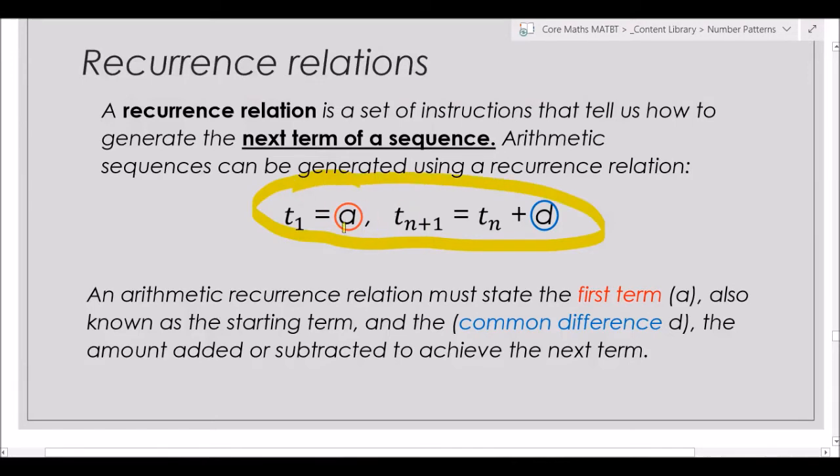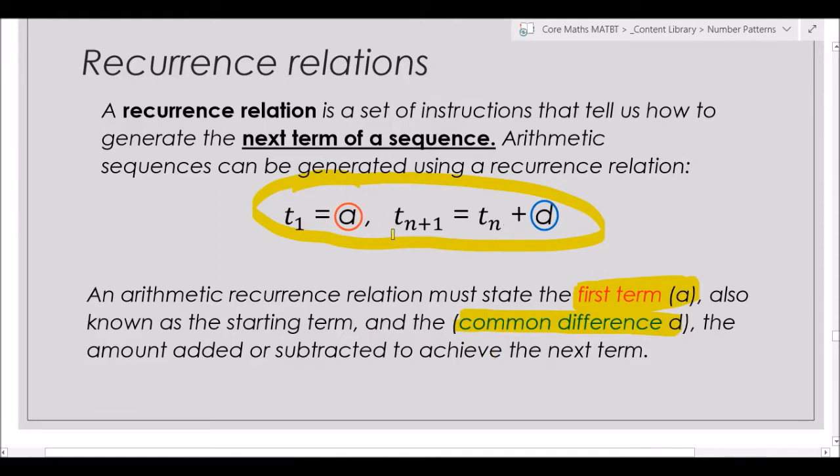It's a set of instructions that tell you two things. The first thing is that the recurrence relation tells you what the first term is. The first term is normally denoted by the letter A. So when we say A, it's referring to the first term. The second thing it talks about is the common difference. The common difference will tell you how much you need to add or subtract to get the next term.